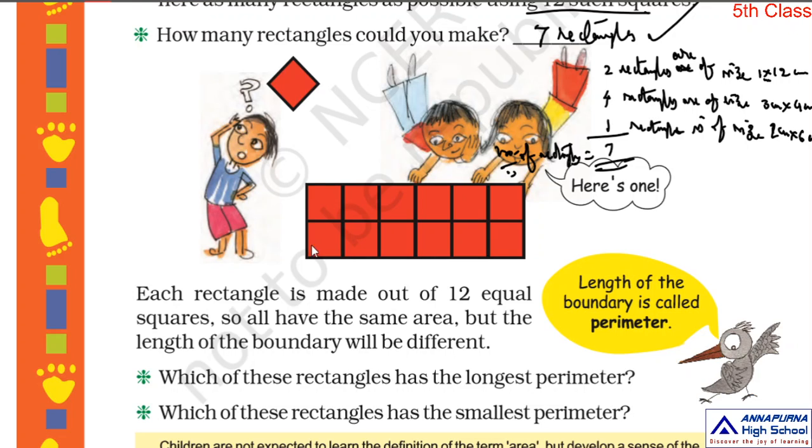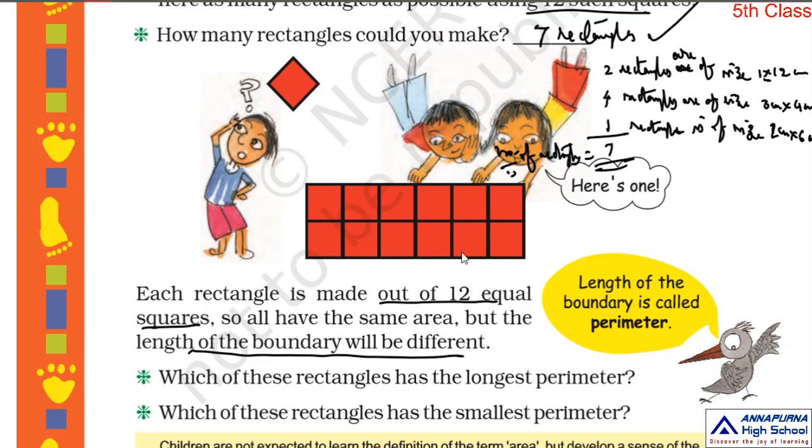Here, each rectangle is made out of 12 equal squares. So all have the same area, but the length of the boundary will be different, isn't it?